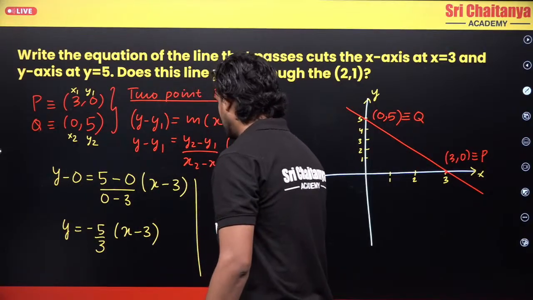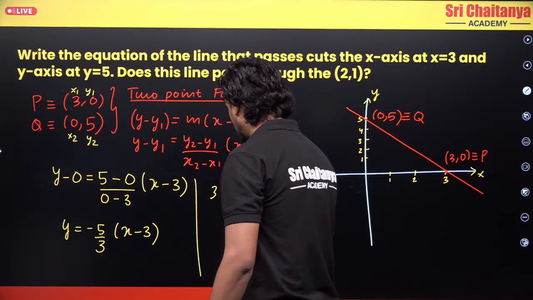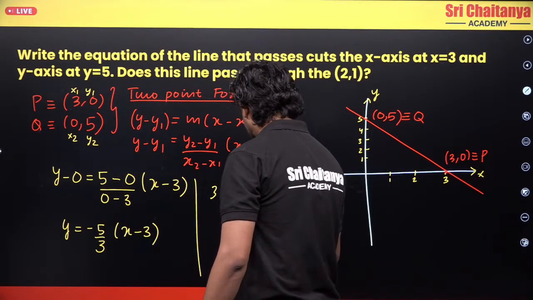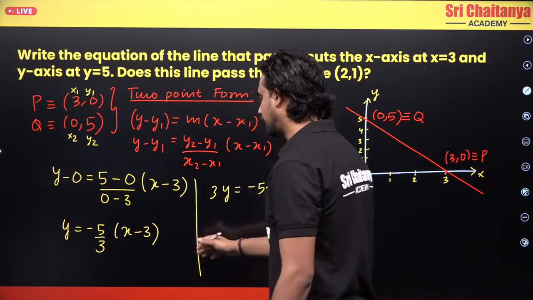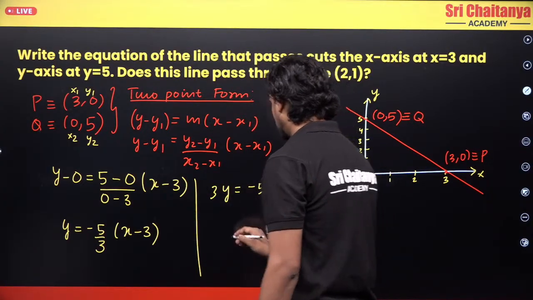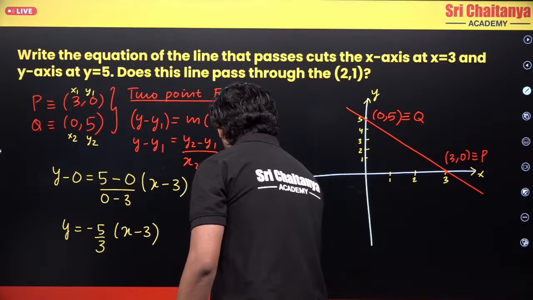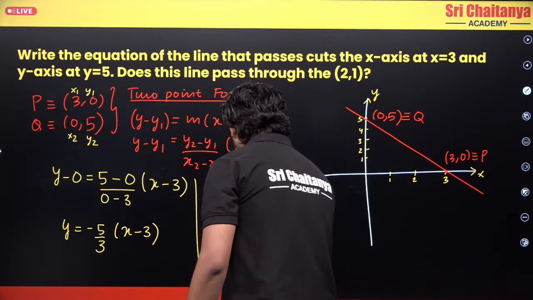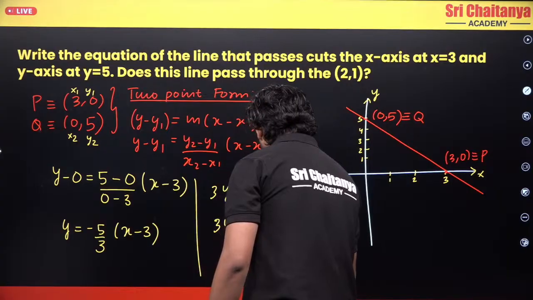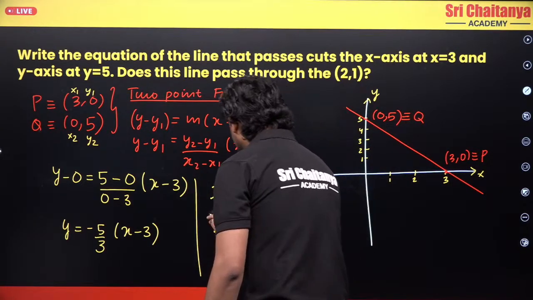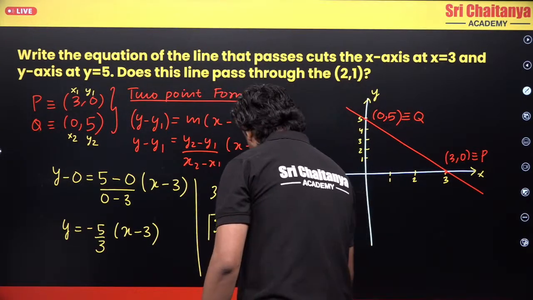This gives me 3y is equal to minus 5x plus, 5 threes are 15. So what do I have? I have 3y plus 5x minus 15 is equal to 0. So this is the equation of the straight line.